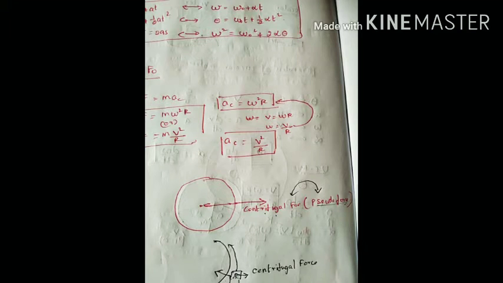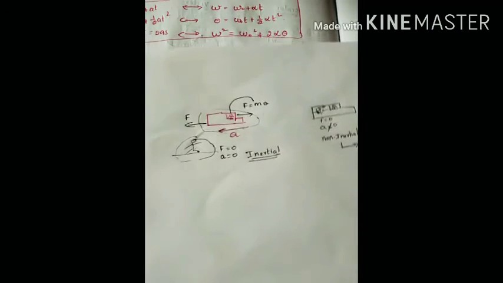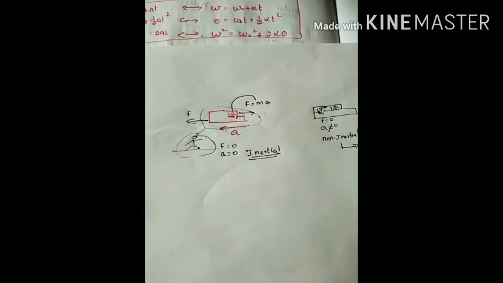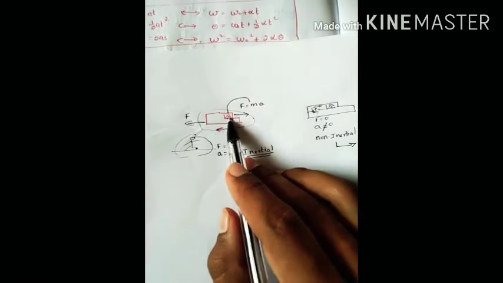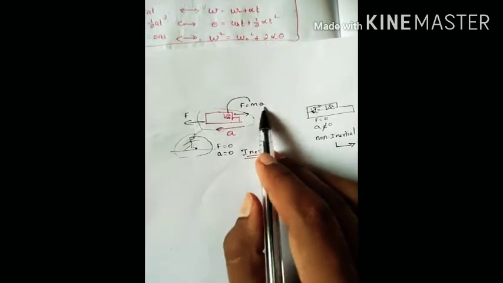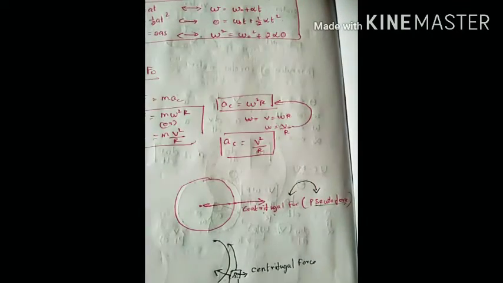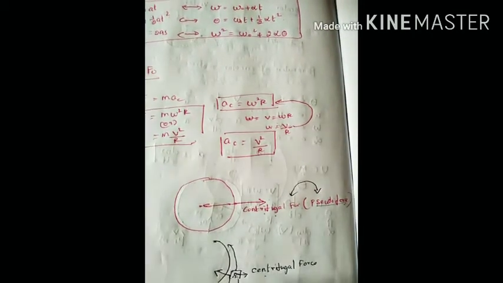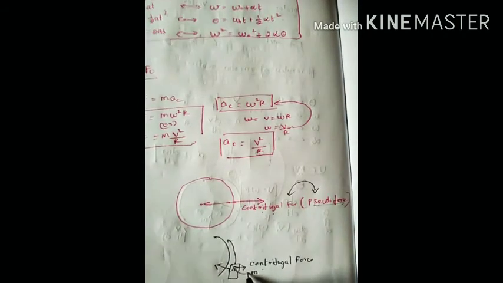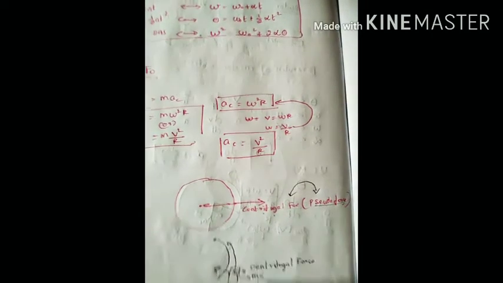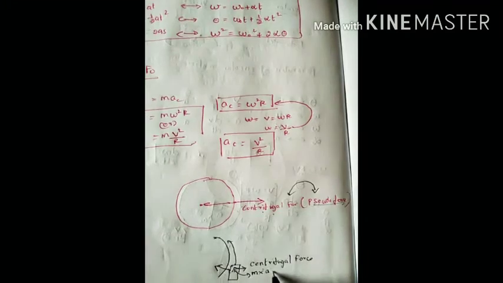Same as what we call pseudo force, it's equal to the mass of the person times the acceleration of the system. In the same way, here the centrifugal force is the mass of the person times the centrifugal acceleration.